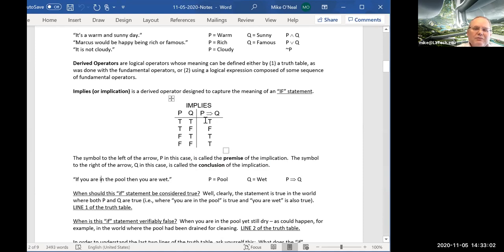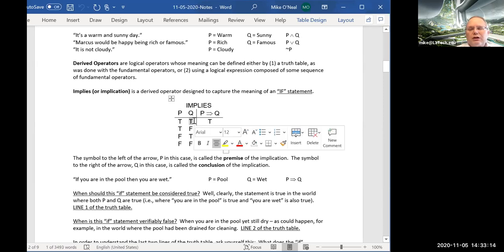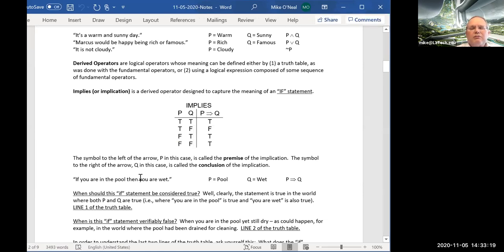If this is a true statement, if you're in the pool, then you're wet, and I also tell you that you're in the pool, Q better be true also, or something's wrong with this world. Does everybody agree with that? And when I say something's wrong with this world, I mean something would have been wrong with the way I defined implication if that hadn't been true.